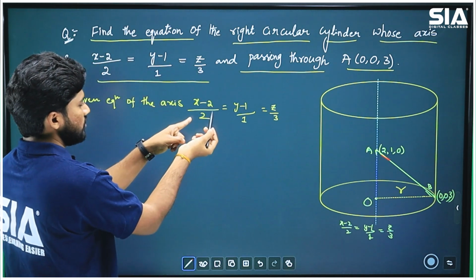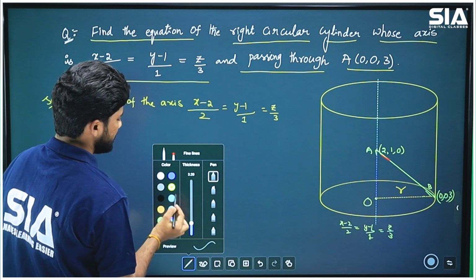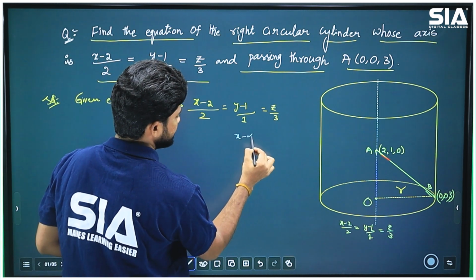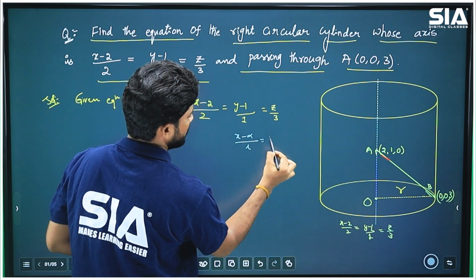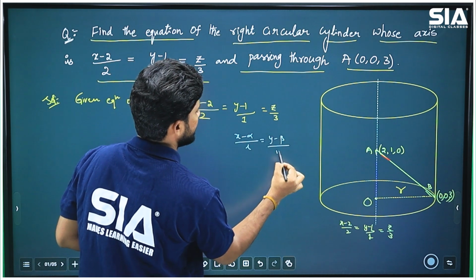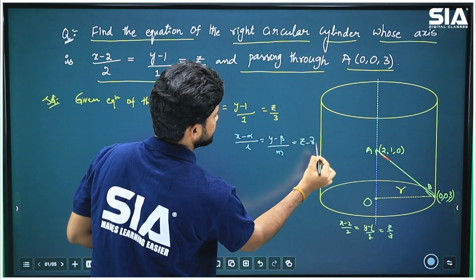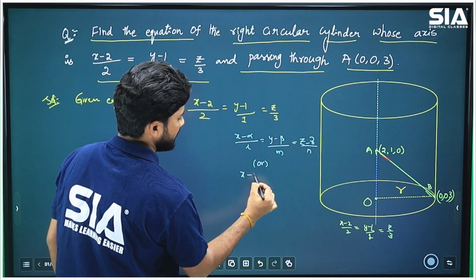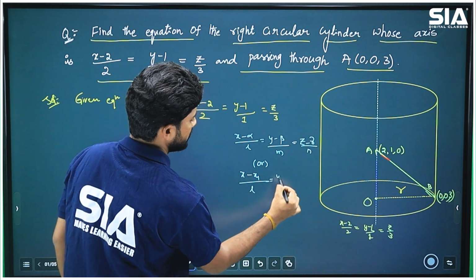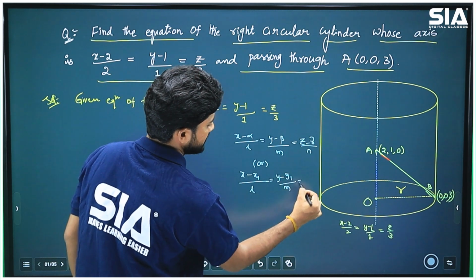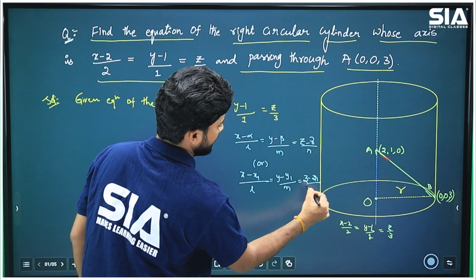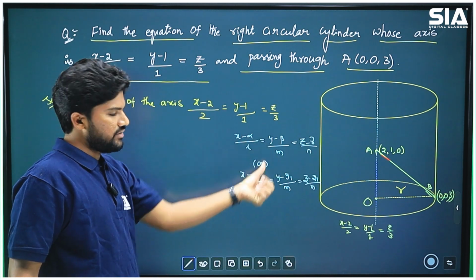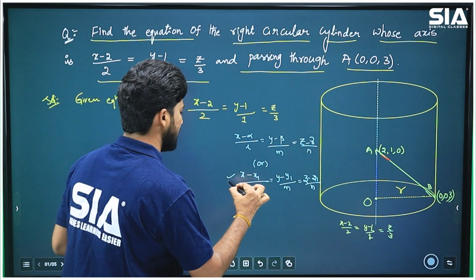Okay, if you compare this equation with the general equation, what is the general equation? (x minus alpha)/L is equal to (y minus beta)/M is equal to (z minus gamma)/N. Or else in this format we can take (x minus x1)/L is equal to (y minus y1)/M is equal to (z minus z1)/N. You can compare the given axis equation with any one of these two equations. Now I am comparing with this form.